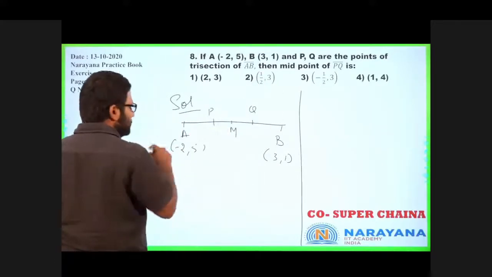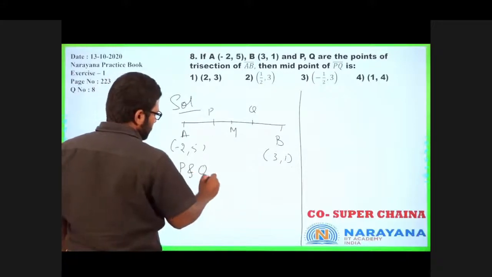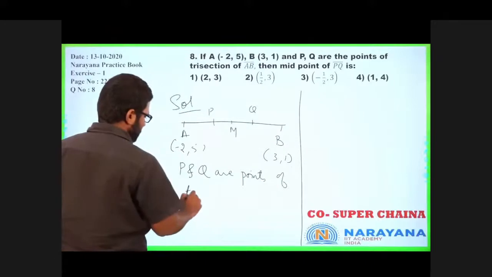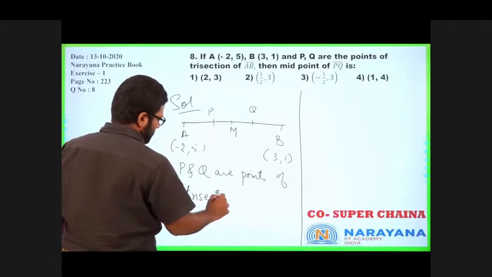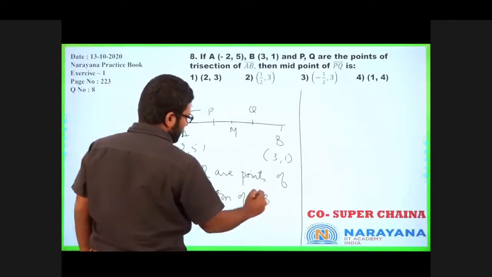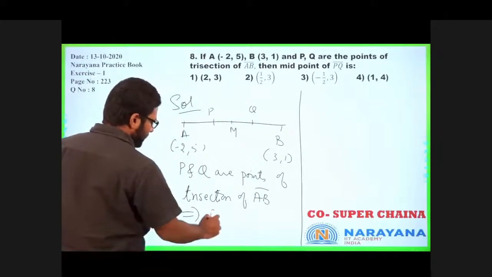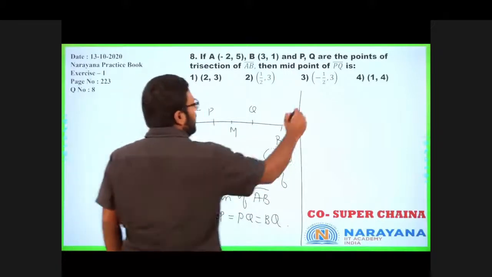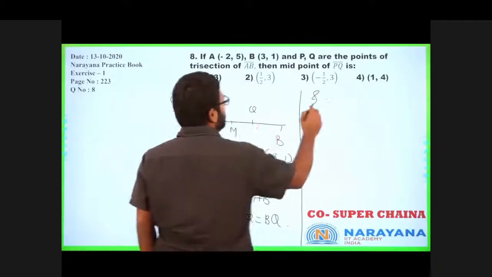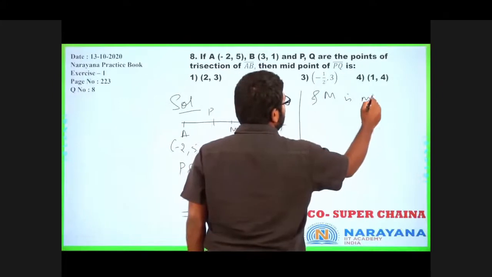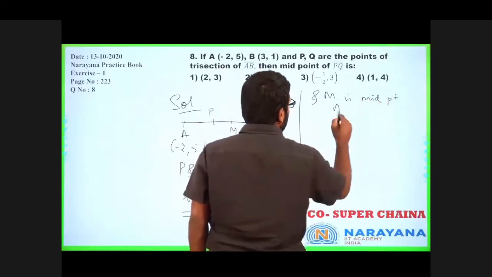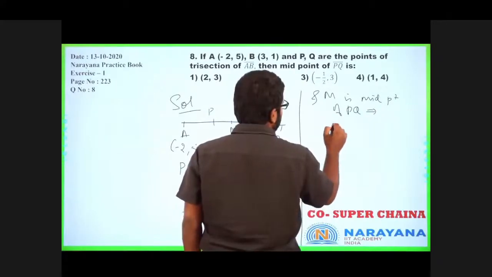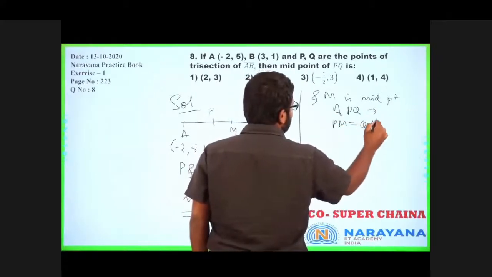If you are not clear, just observe. P and Q are points of trisection of AB, which means by default AP is equal to PQ is equal to BQ, and M is the midpoint of PQ, which means PM equals QM, right?